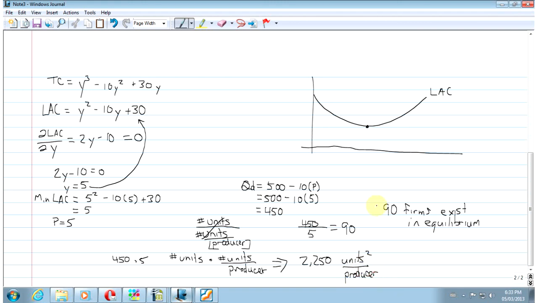That doesn't make any sense because I'm trying to solve for a number of producers, so this is all bad. But if you use the units and cancel things out, then you get the right answer and it's a no-brainer. Okay, so that's how you do those.